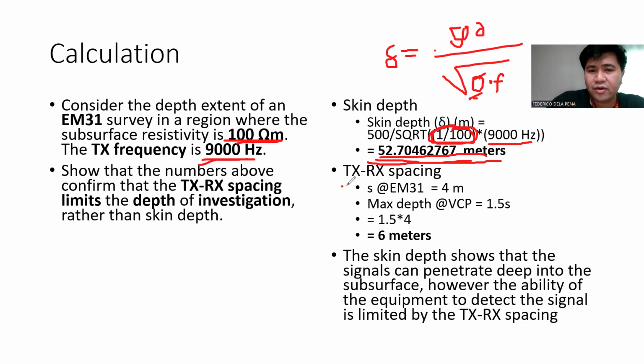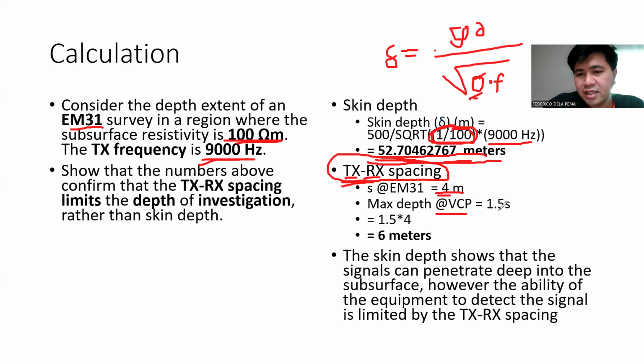However, if you're gonna look at the actual ability of your equipment to detect the signals based on the coil spacing, or the transmitter and receiver spacing, if you're gonna do a VCP with a spacing of, so EM31 can do a maximum of 4 meters as intercoil spacing.